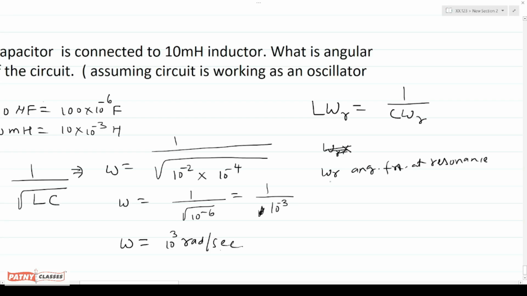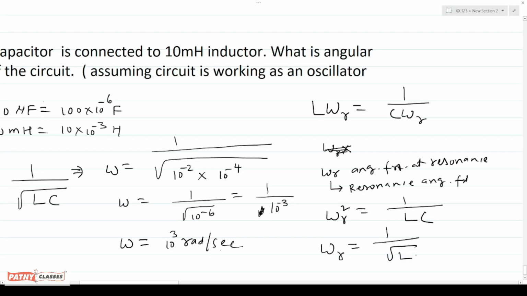Therefore it is the resonance frequency, resonance angular frequency. Therefore we have omega square equals 1 upon LC. Therefore at resonance omega R equals 1 upon under root of LC.